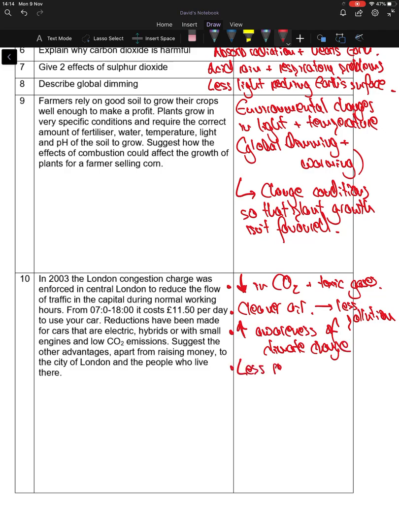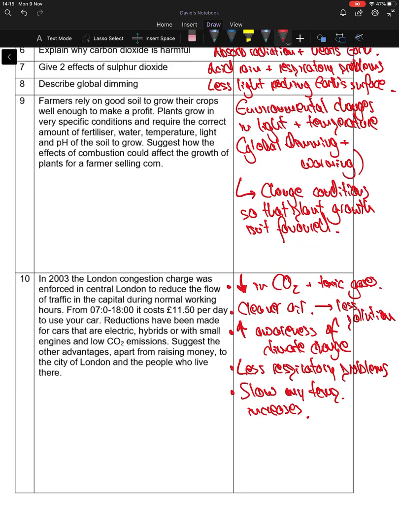Might have fewer respiratory problems caused by toxic gases. And also you're going to slow any temperature increases that are caused by the gases that are produced by the cars that then change the environmental conditions in and around London.